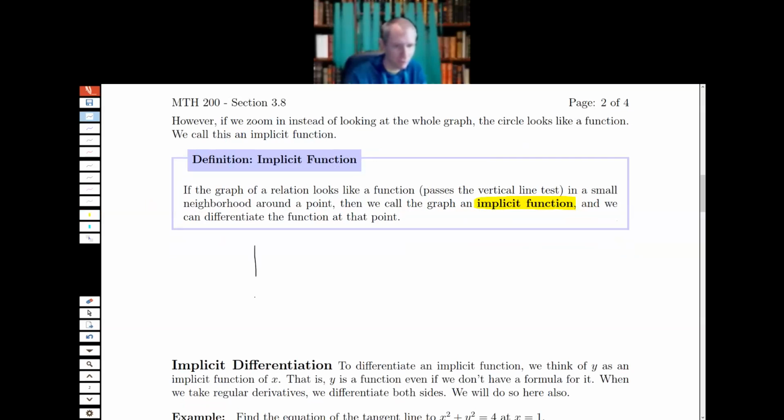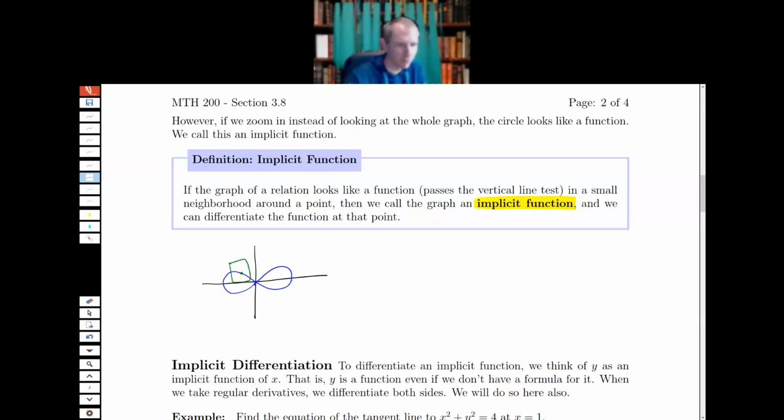So just to give you maybe a little bit of an example, I'm going to take a funny looking graph. Right? And if I pick a point on the graph, say here, I can find a zoom window around that point that looks like a function.